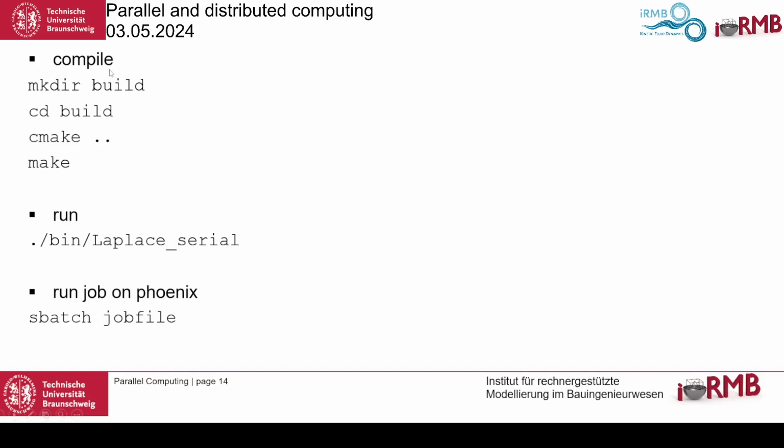So you are supposed to go into this folder and make a folder build. Then you go into the build folder, and then comes a little bit of tool chain, if you will. If it's not clear, we'll go over this point in the next exercise.